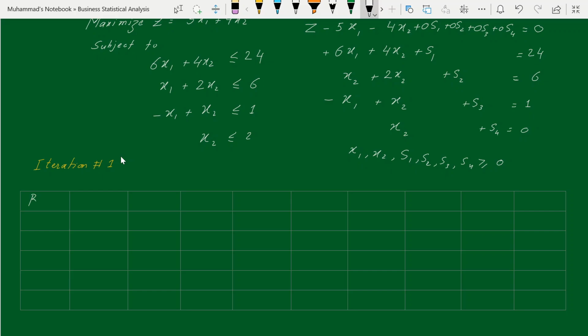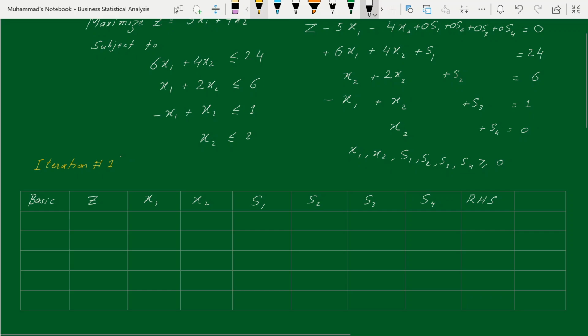So we can write basic, then we have Z, then we have two decision variables x1 and x2, s1, s2, s3, and since we have four slack variables, we will write s4, and then we have the right-hand side of the equation.